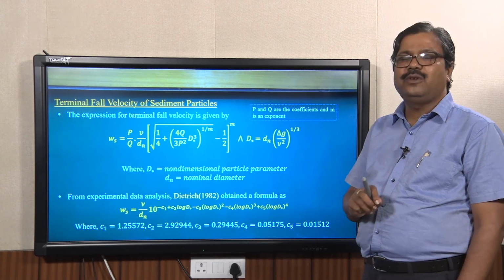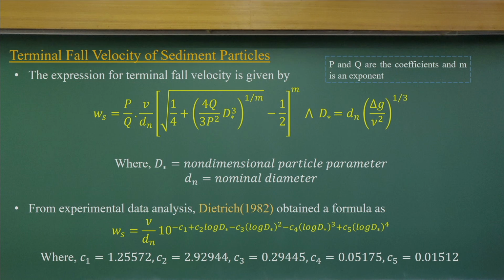For that, what we need is a correction factor. In the same way, by conducting a series of experiments, the terminal velocity has been established with P, Q as the coefficients, N as an exponent value, and D star depends upon your non-dimensional particle parameter, which doesn't have dimensions. It involves dN, delta, which you know, S minus 1, g, and the kinematic viscosity squared. dN stands for nominal diameter, what we discussed in the previous class. So you can compute the fall velocity.